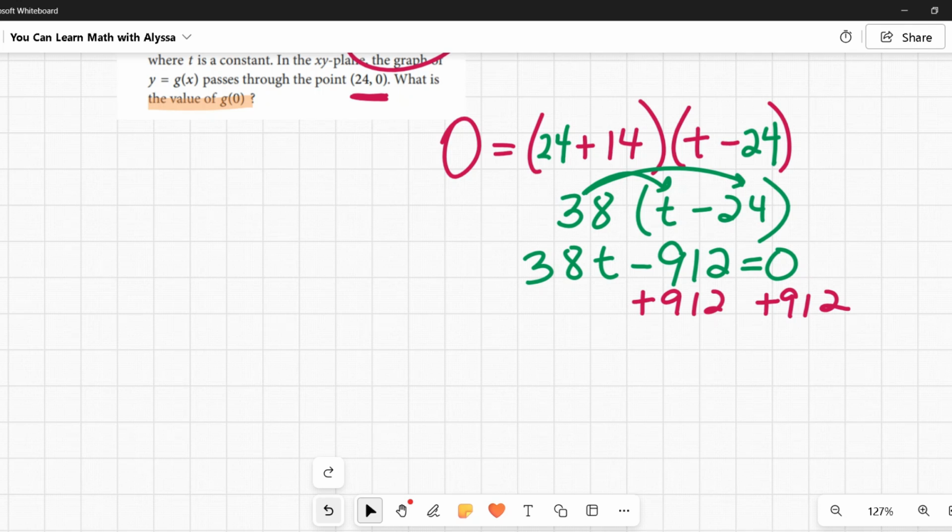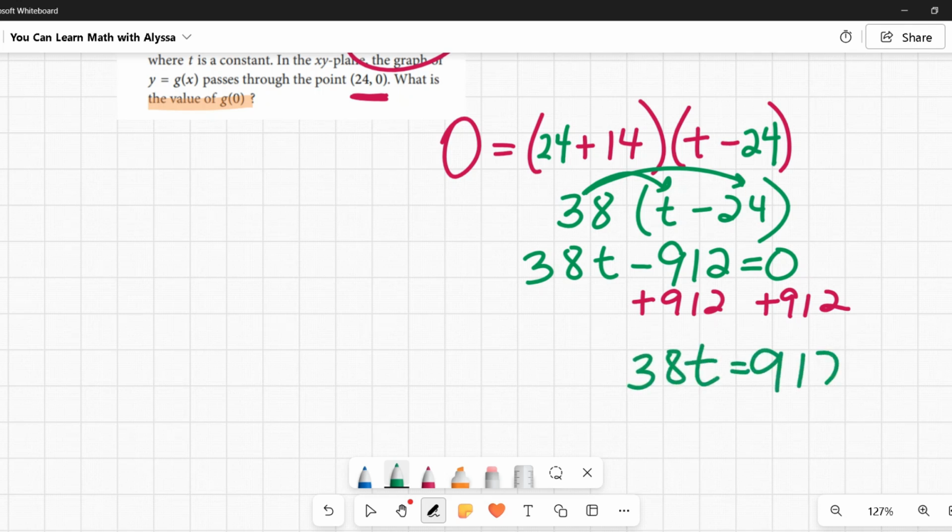So I add 912 to both sides, and I am going to get 38t on the left and 912 on the right. So now t is being multiplied by 38. To undo that, I do the opposite, dividing by 38, and lo and behold, I still get that t is equal to 24. So it takes a little bit longer, but it still gets you the right answer, and at the end of the day, that's the most important thing.